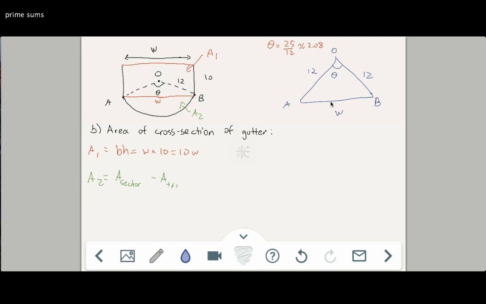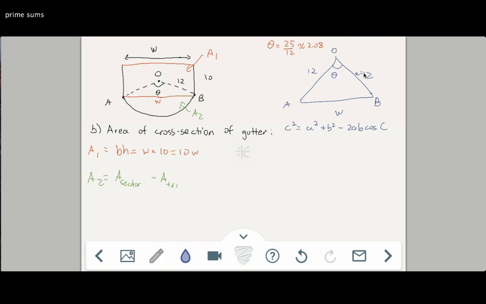Now to find W, we can use the cosine rule, which says c squared equals a squared plus b squared minus 2ab cosine of C, where lowercase a and lowercase b would be the two sides that we know, and capital C is the angle between them.